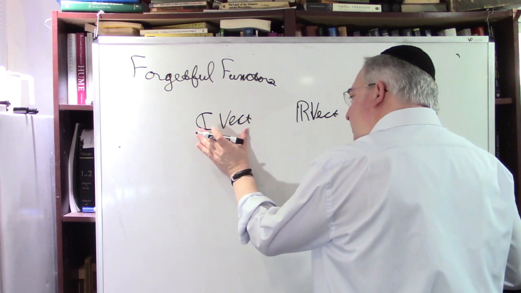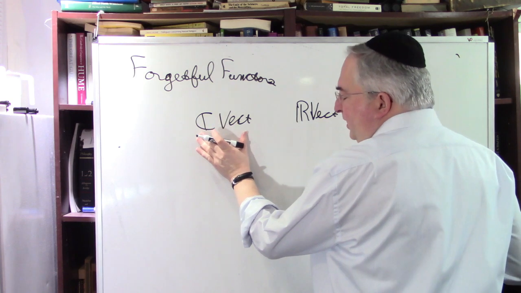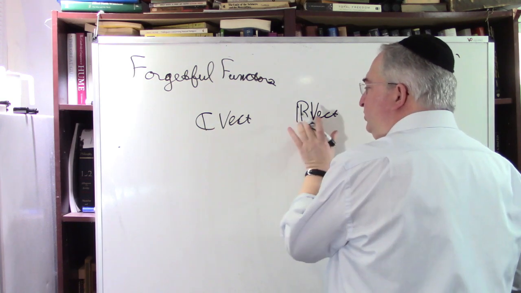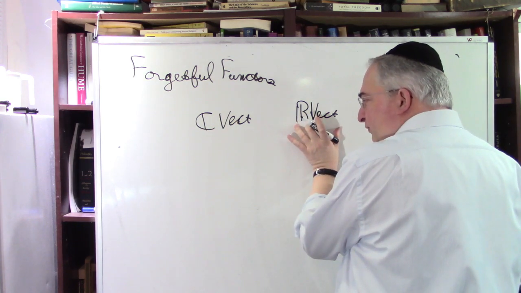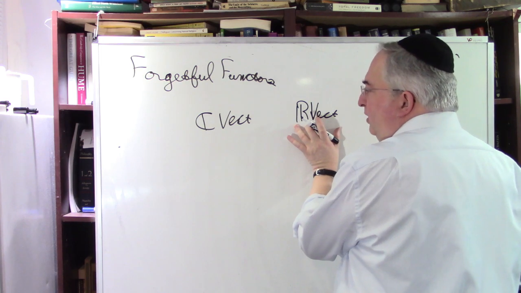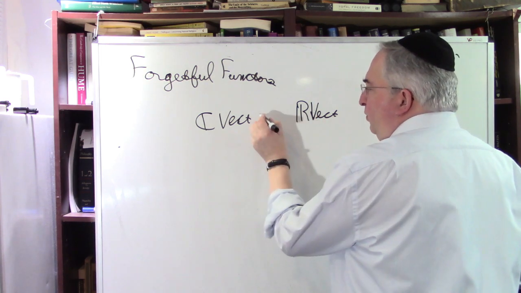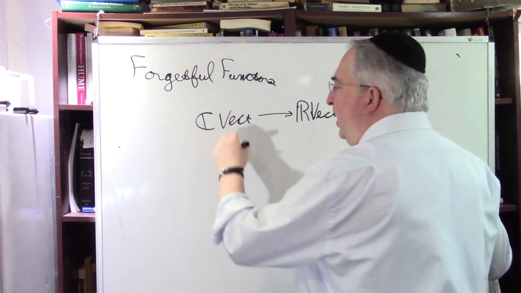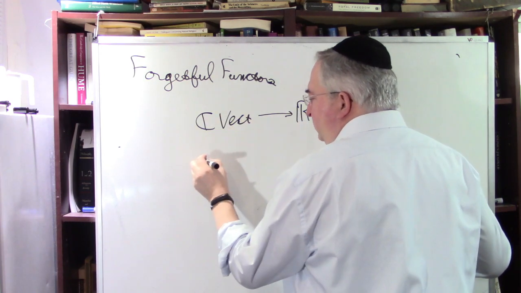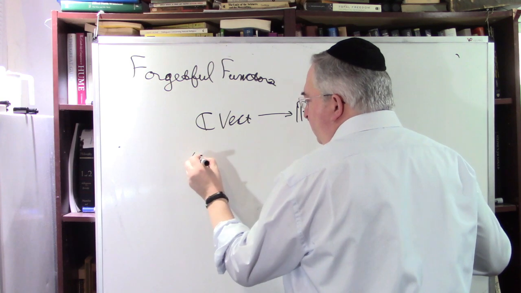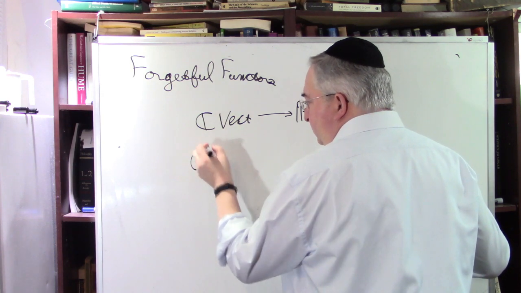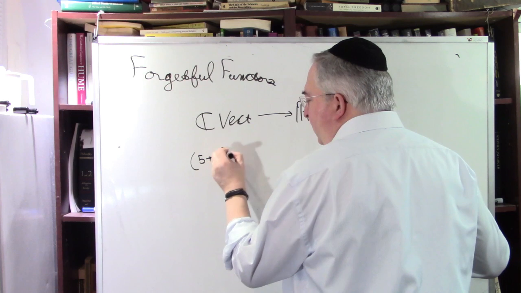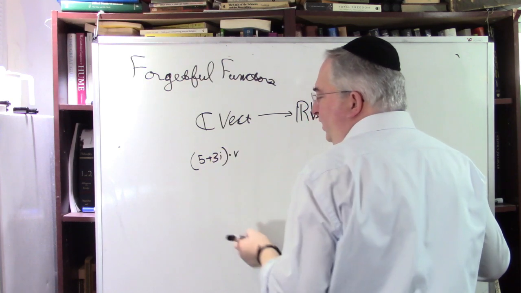These are complex vector spaces with a complex scalar multiplication. These are vector spaces with a real scalar multiplication. Whenever you have a complex vector space, you can take a typical complex number, 5 plus 3i, and multiply it by v.